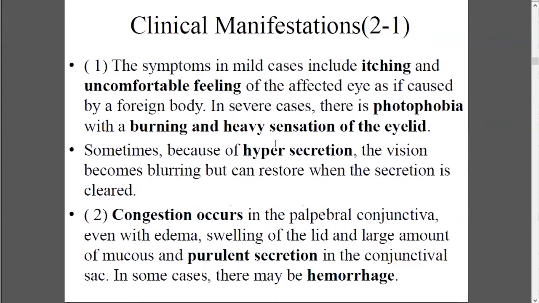The patient will feel very uncomfortable in the eyes, and sometimes itchiness. And in severe cases there is a burning sensation or maybe pain there, and even infection of the eyelid.